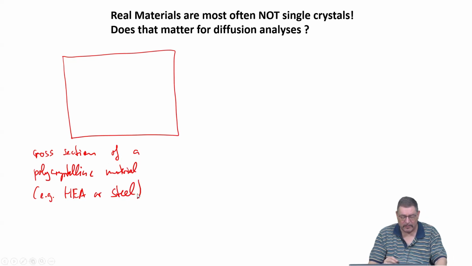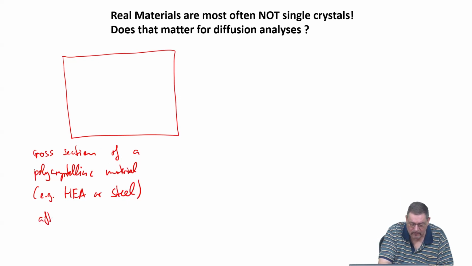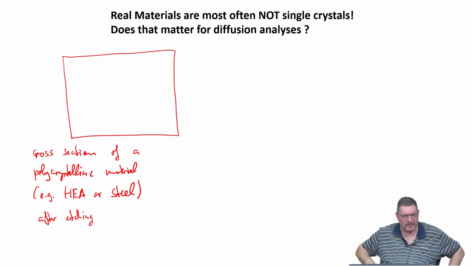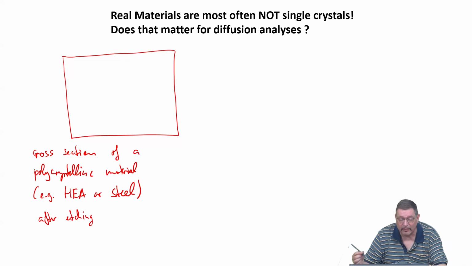And we have etched it. Many of you might have done this already. So you polish very nicely and then you etch. So what do you see? Grain boundaries, very good.